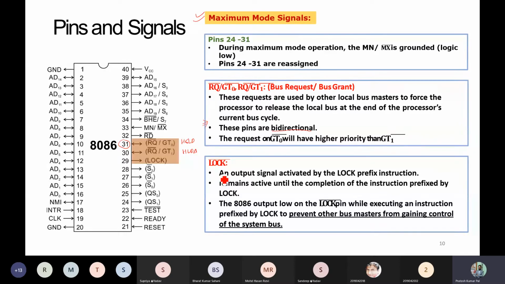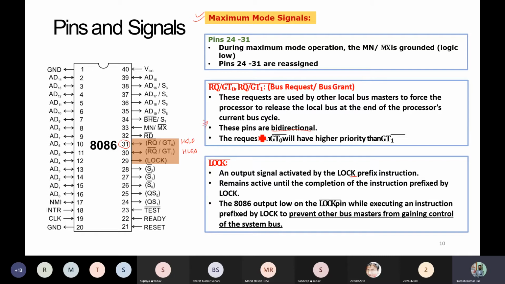Next one is LOCK. This LOCK is an output signal activated by the LOCK prefix instruction. It can be activated directly by instructions, which we will look at in the next lectures.